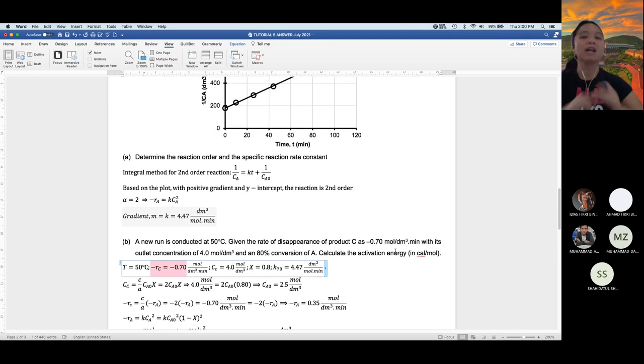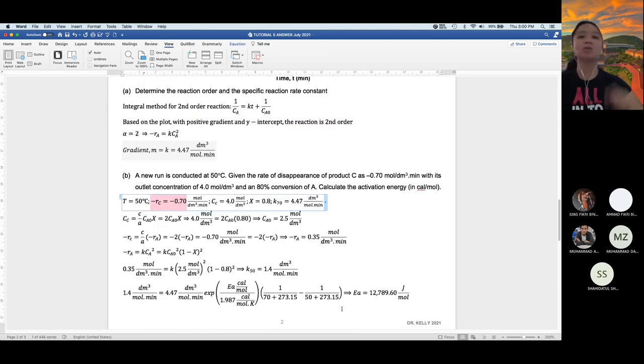Okay, so katakanlah kamu tak tahu mana nak start. Sometimes it's good to see first apa yang dia nak. Okay, dia nak activation energy. Kalau kamu ingat, saya always tell you, if there's something related to activation energy, there's only equation yang berkaitan dengan dia, mesti Arrhenius equation.